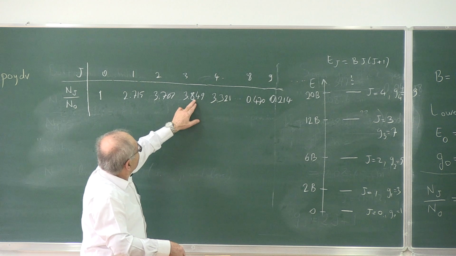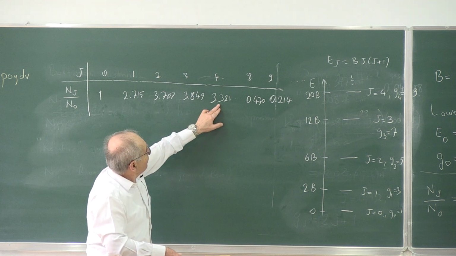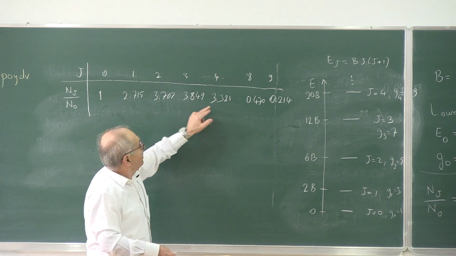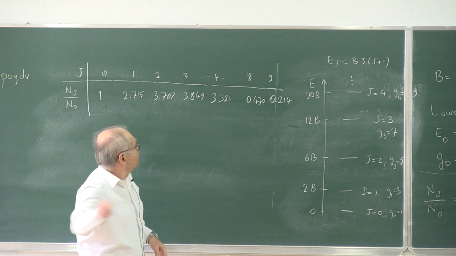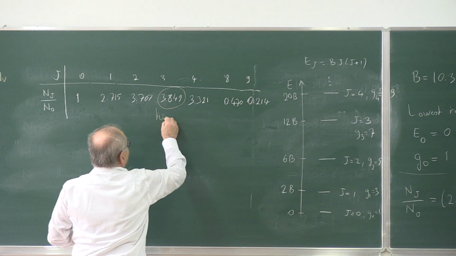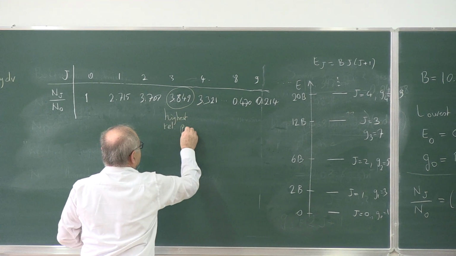You see this value 3.8, and after that numbers are starting to decrease. This is the highest relative population.